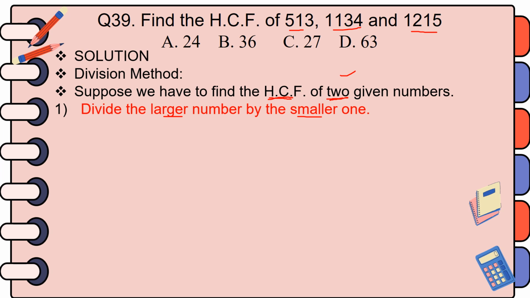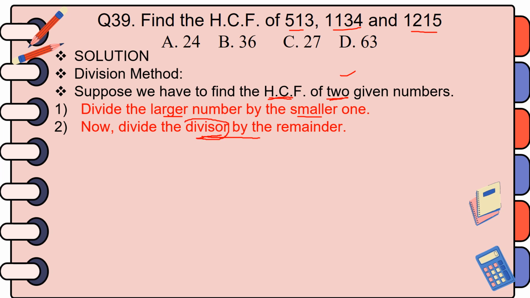When you are doing this, you will get a remainder. Then on the second step, divide the divisor by the remainder. The divisor here means the previous smaller number. The previous smaller number now becomes a dividend.